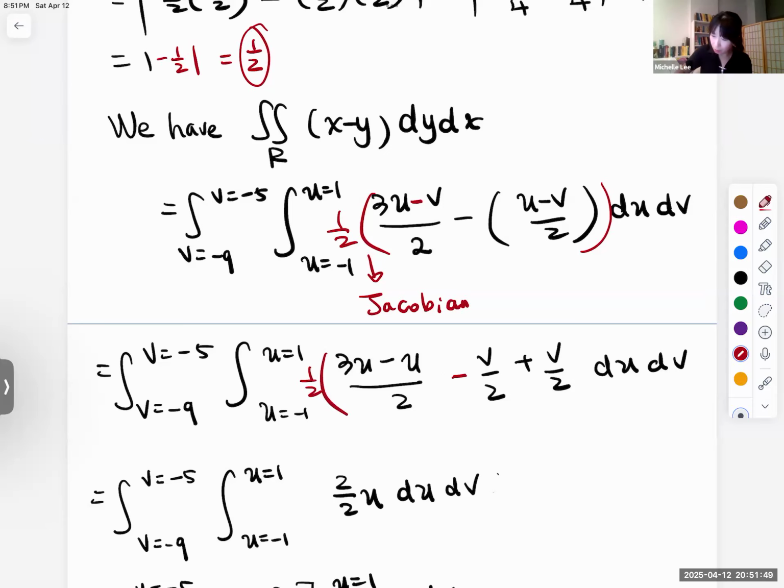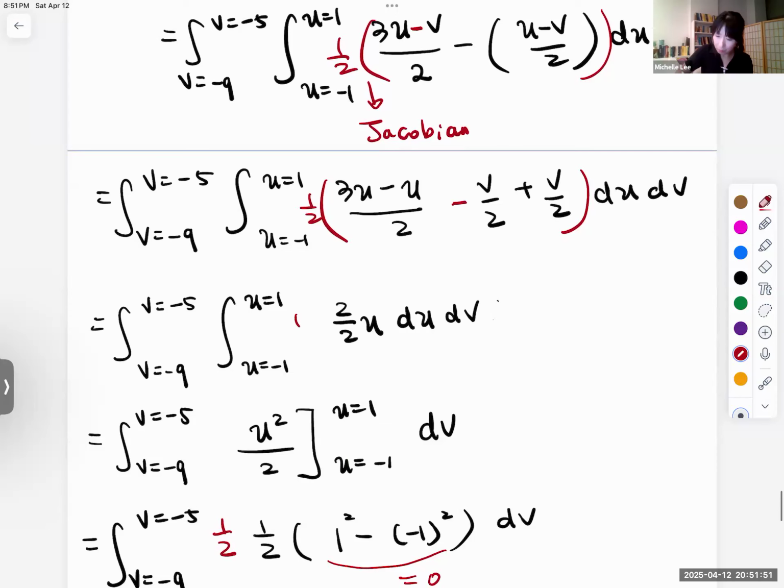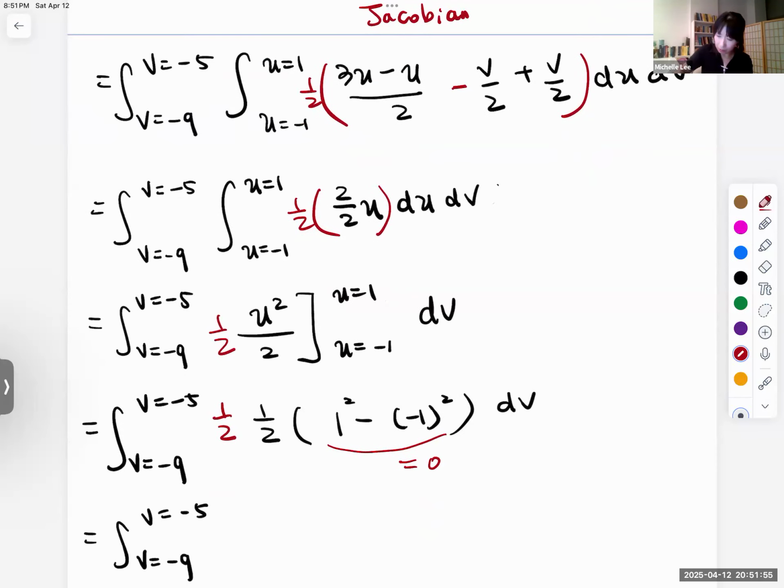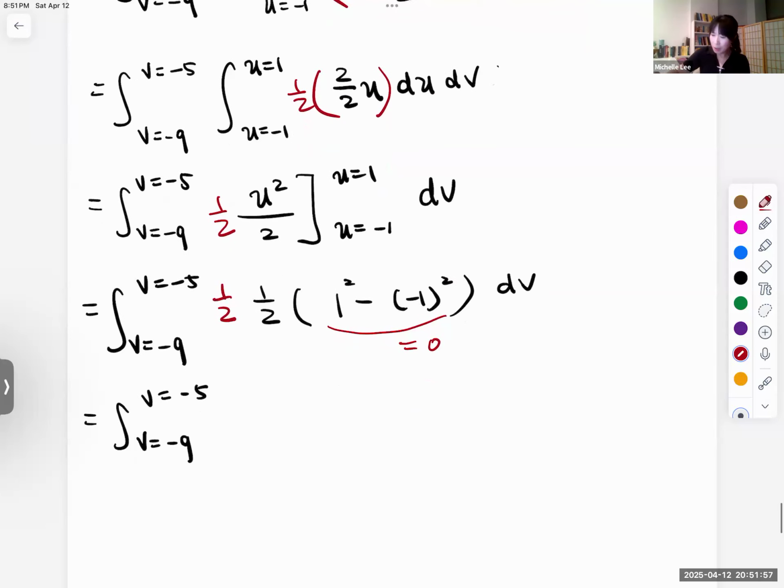Sorry about that. Please forgive me. So 0. So why is this 0? Because we have a -1, +1. They cancel out each other, right? That's why we get 0. We don't have to do that.